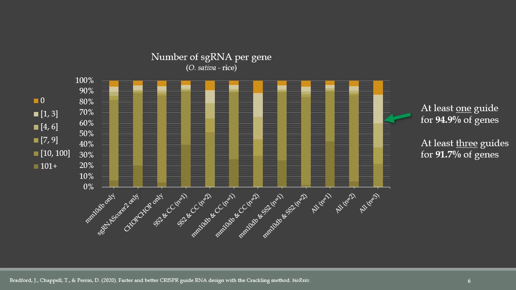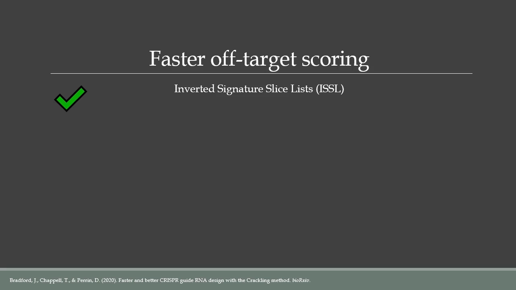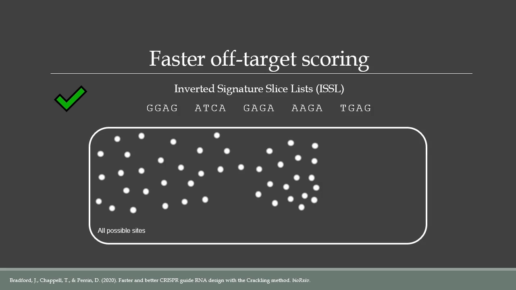For faster off-target scoring, we use a technology named Issl. For this, a candidate guide and off-target sites are sliced 4 times, such that there are 5 slices. To find off-targets that are similar to the candidate guide, we identify slices that the sequences have in common. Imagine that each of these dots represents a targetable site.